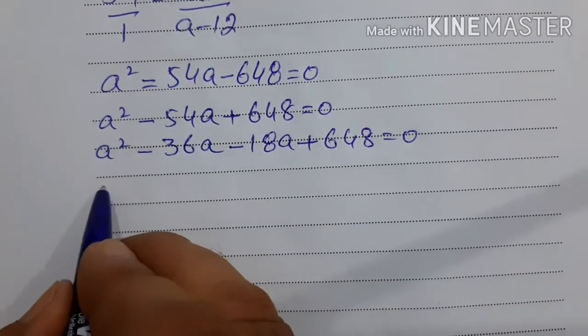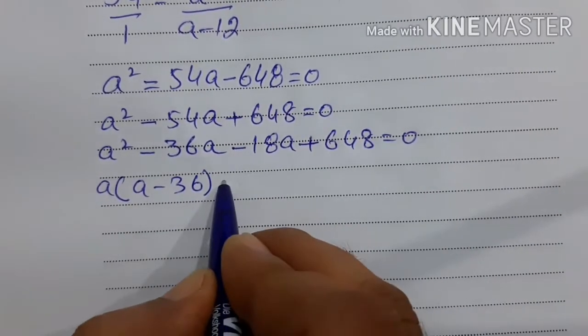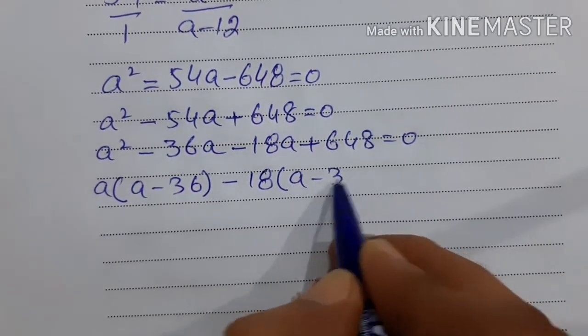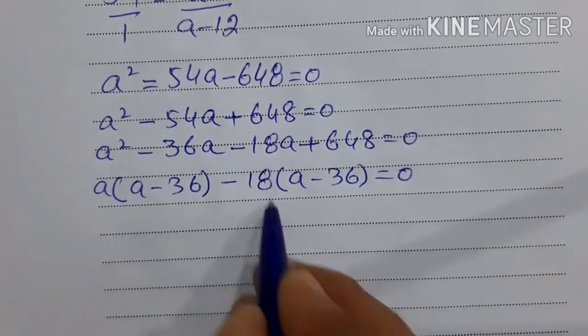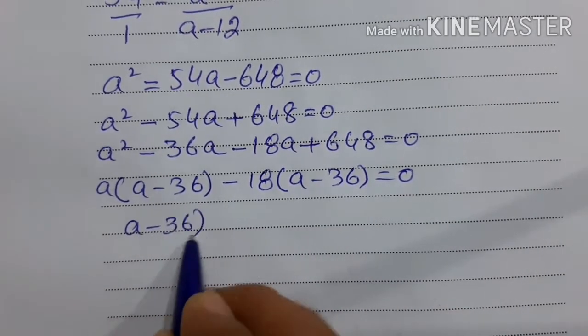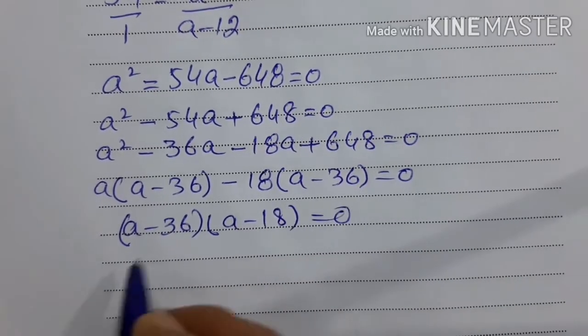So take A common, it will become A minus 36. Take 18 common, it will become A minus 36 is equal to 0. Take A minus 36 again common, it will become A minus 18 is equal to 0.